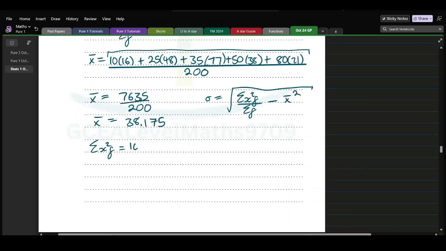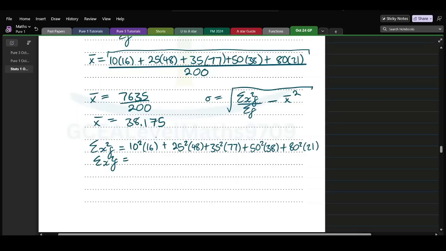So that's 10 squared times 16 plus 25 squared times 48 plus 35 squared times 77 plus 50 squared times 38 plus 80 squared times 21. Let's punch that into the calculator.